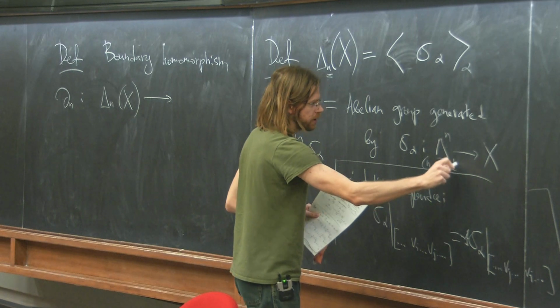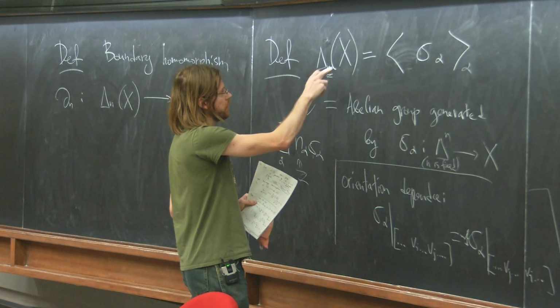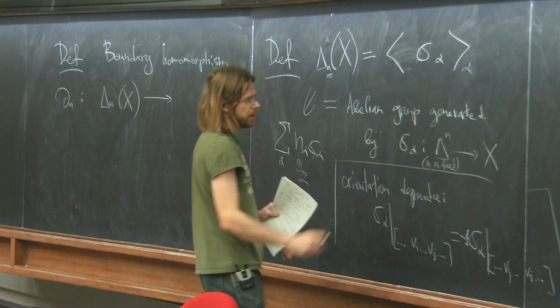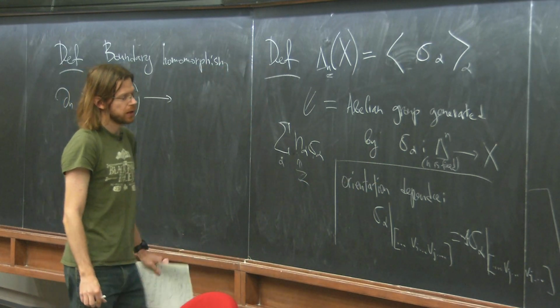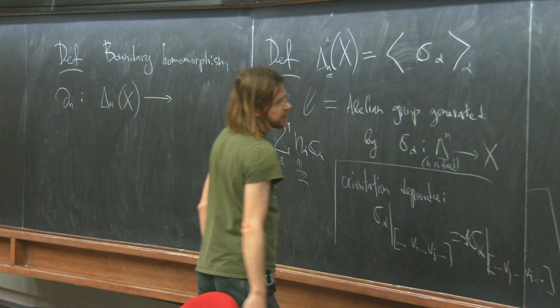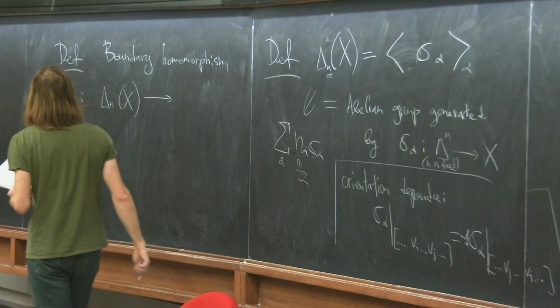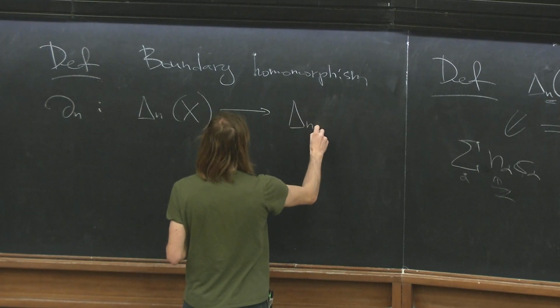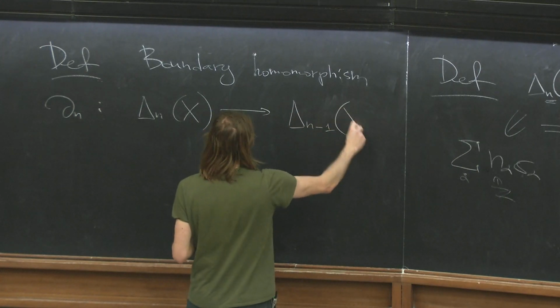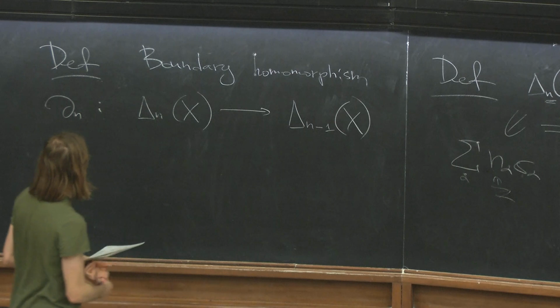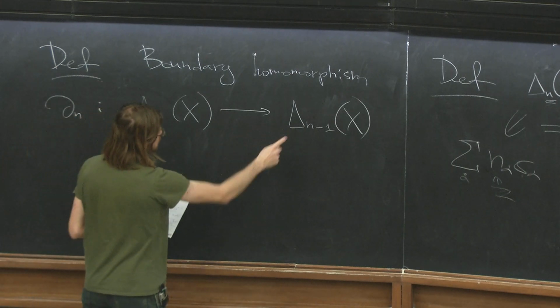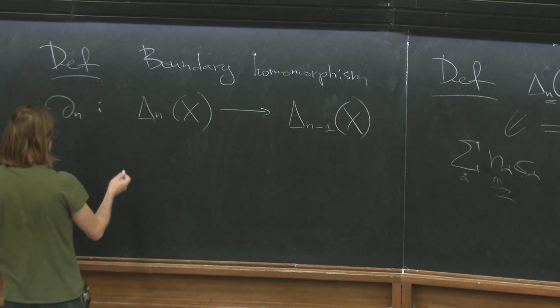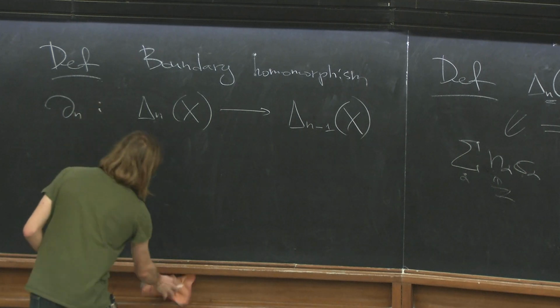For this delta n of X, we only consider maps from simplices of fixed dimension. And then the boundary homomorphism will be a map from delta n of X to delta n minus 1 of X. And it's defined as follows.